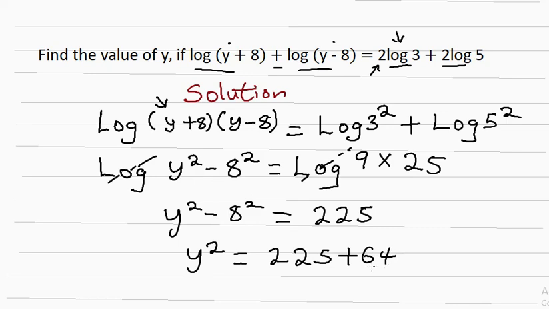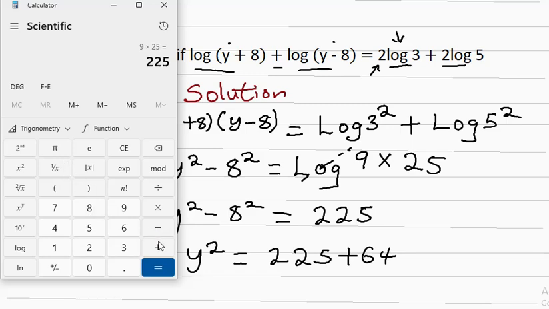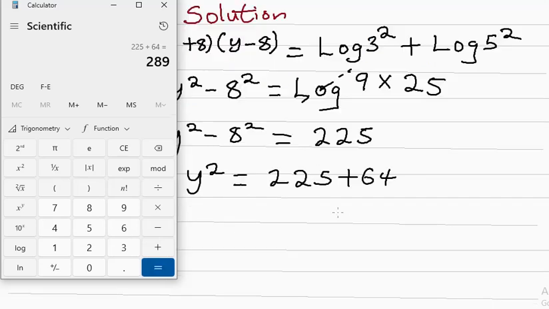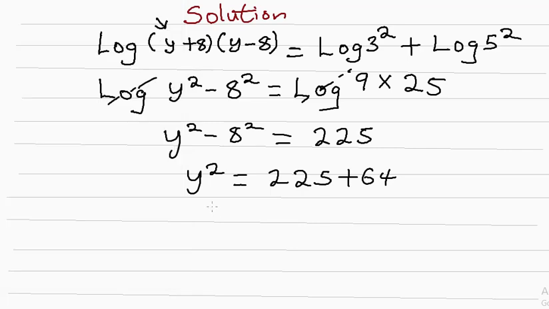So let's add up: 225 plus 64 is 289. So that simply means that y is supposed to be the square root of 289, plus or minus. Sometimes you have to add that plus or minus.